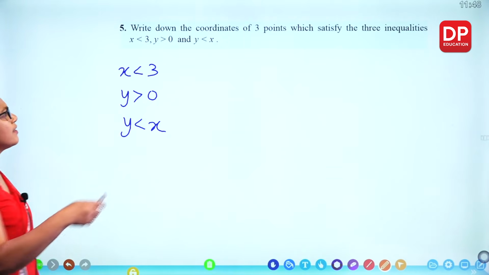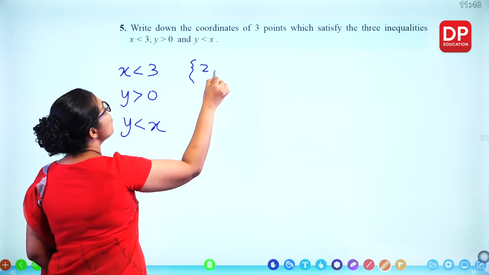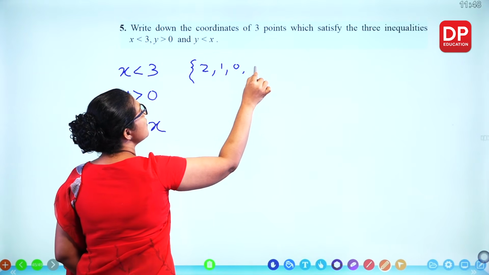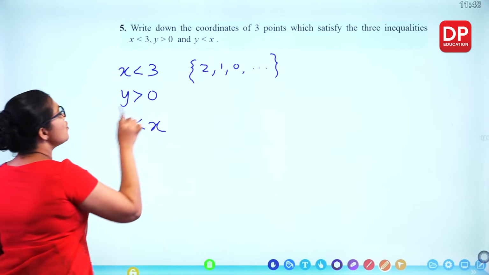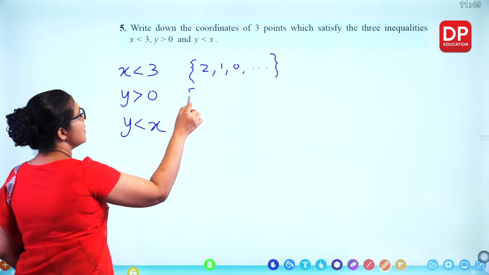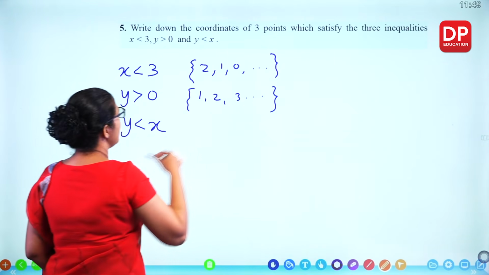So I can write down the set as 2, 1, 0, any number or decimal you can write. When you take y greater than 0, that means y should be a positive number. 1, 2, 3, any decimal value you can take.